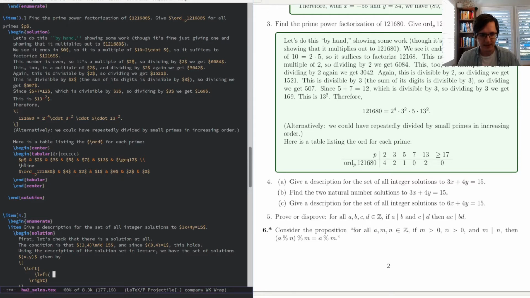So minus 4k over the GCD. Oh wait, no, sorry. I was giving the homogeneous solution. Okay, so let's give the solution.